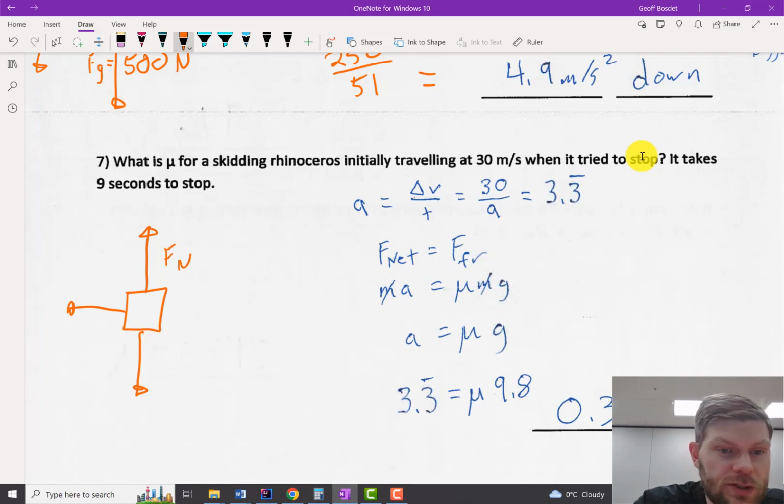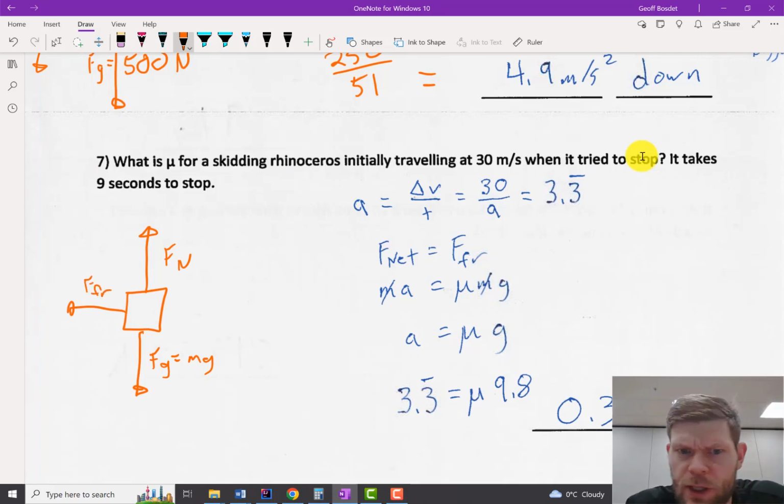You've got normal force, you've got force of gravity, you've got friction. Now you might be like, but it's moving forward. Doesn't that mean there has to be a force? No, it doesn't. If you can't think of something pushing it forward or pulling it forward, don't put down a force. This is the situation.